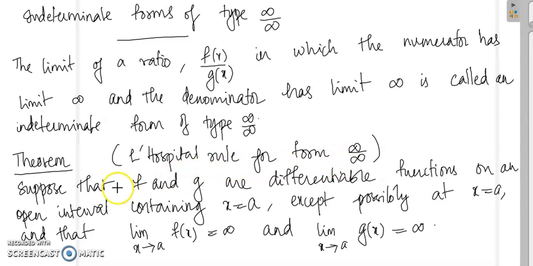So again, f and g are differentiable functions on an open interval containing x equal to a, except possibly at x equal to a. So at x equal to a, the function need not be defined, and limit x tends to a, f of x is infinity, and limit x tends to a, g of x is infinity.